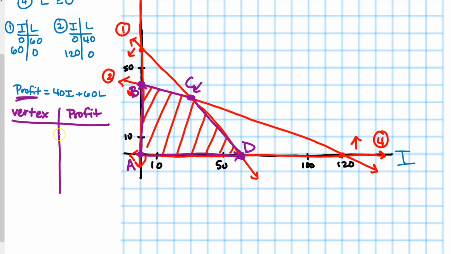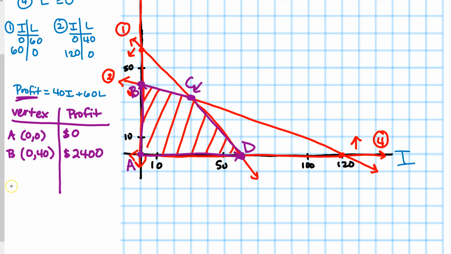Okay, so vertex A is 0, 0, and the profit would be $0. Vertex B, we know from graphing, is the point 0, 40. So $40 for every inkjet printer times 0, plus $60 for every laser printer, 60 times 40, is going to be $2,400 profit.